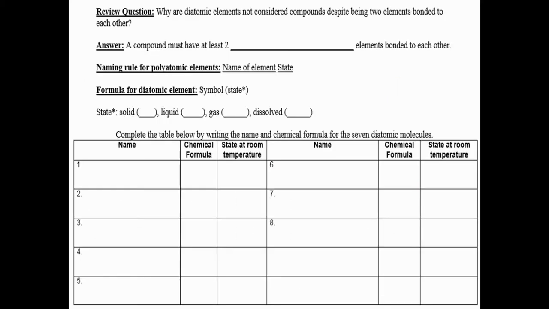So remember that diatomic elements, and the same thing with polyatomic elements, are not considered compounds, because a compound needs to have at least two different elements bonded to each other. How do we name these elements? We simply name the element and then put the state. How do we write down the formula for a diatomic element?